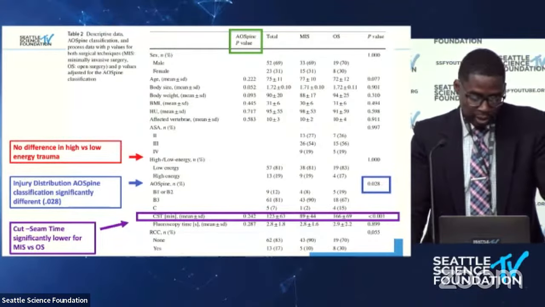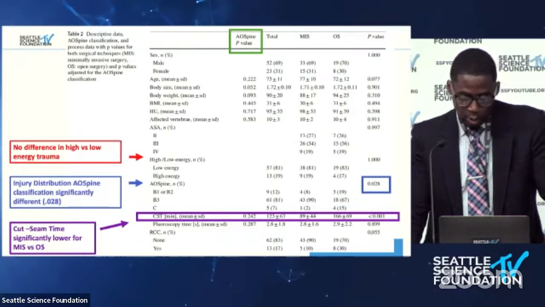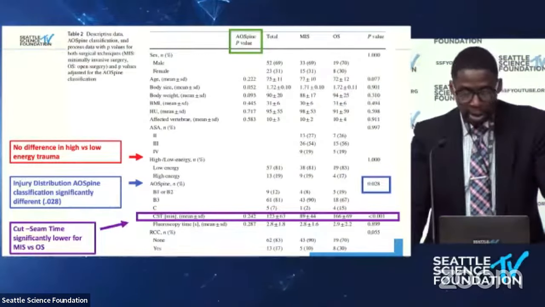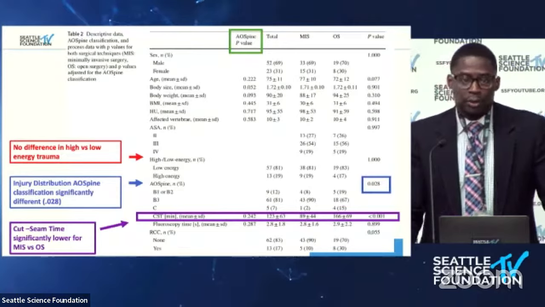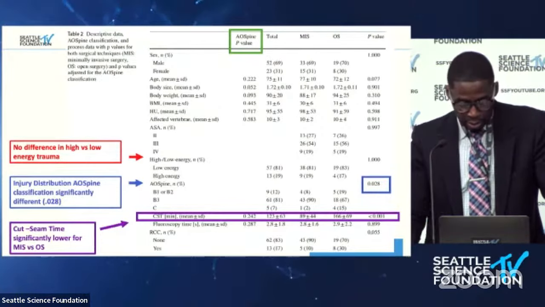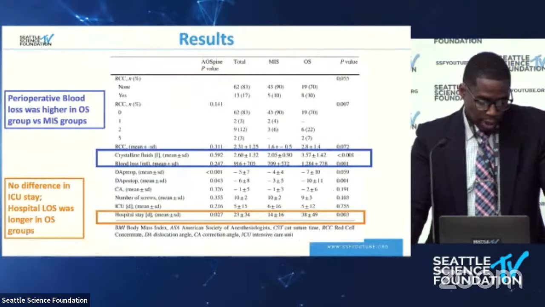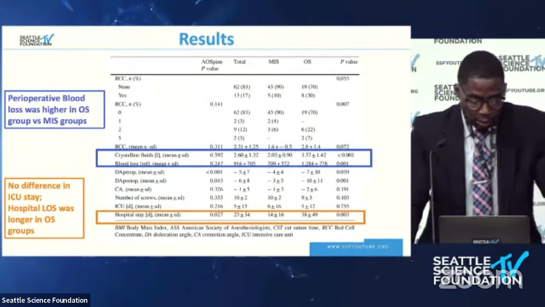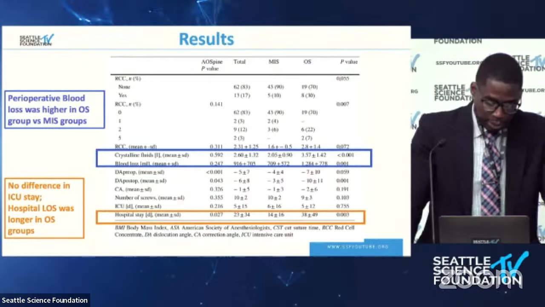injuries in these patients that underwent either open or minimally invasive treatment, as well as the surgical time with respect to skin-to-skin incision was significantly lower in the MIS group. Perioperative blood loss was higher in the open surgery group.